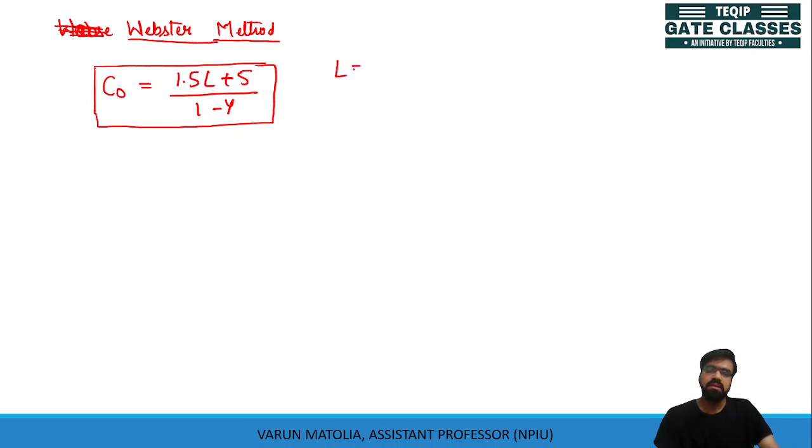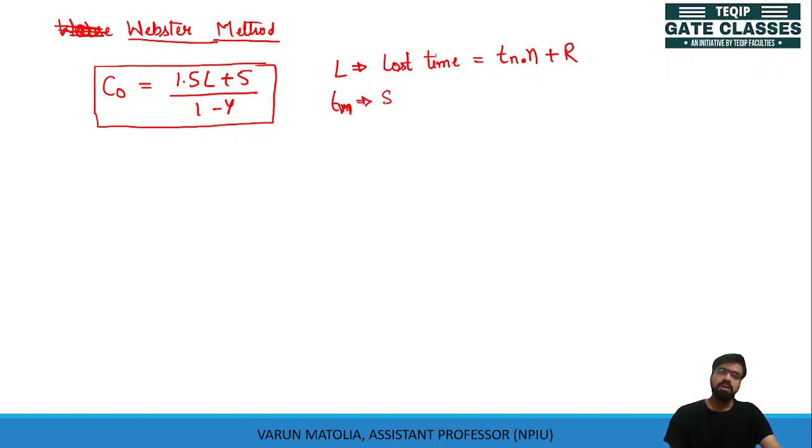L is the lost time, and this is given by Tn times n plus R. Tn is your start lost time, n is the number of phases, like a two-phase system or four-phase system, and R is your all red time.